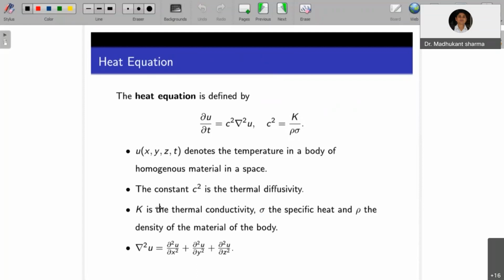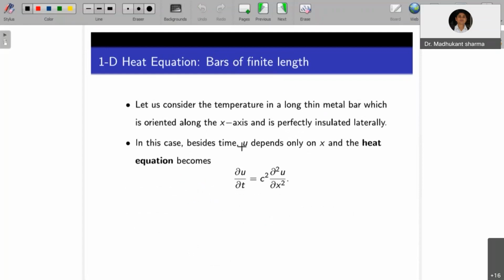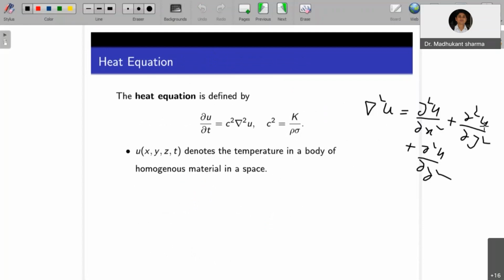So now, here is the definition of that. First we will consider the one-dimensional heat equation, bars of finite length. I think that has been discussed yesterday. One dimensional means in this case you don't have y, don't have z.